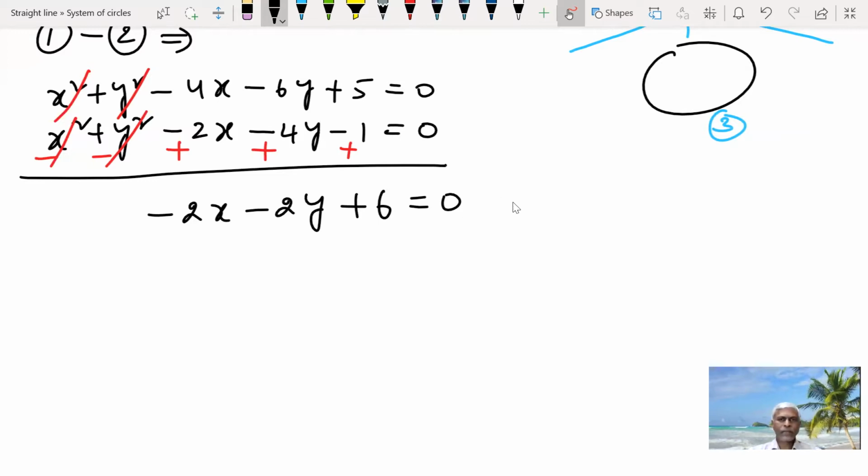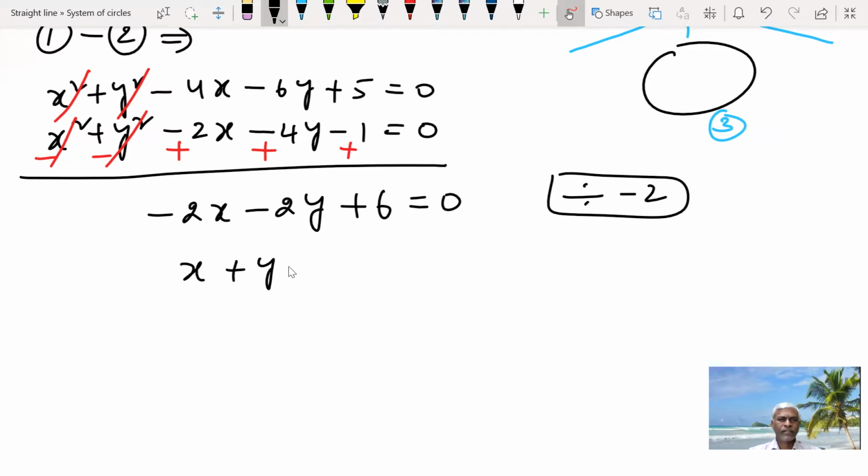So you can divide this with minus 2. Sign will change. So let us call it as equation 4. This is one radical axis. Now we need at least 2 radical axes.